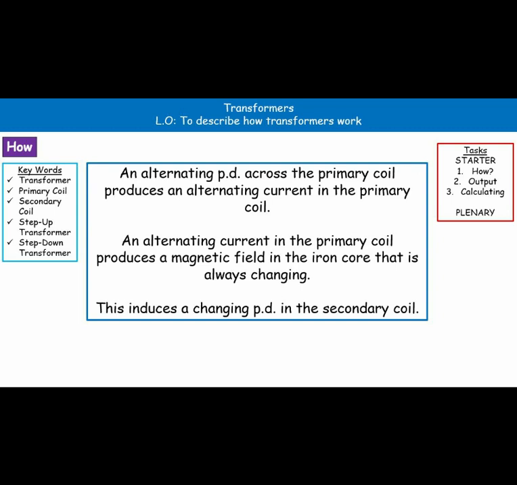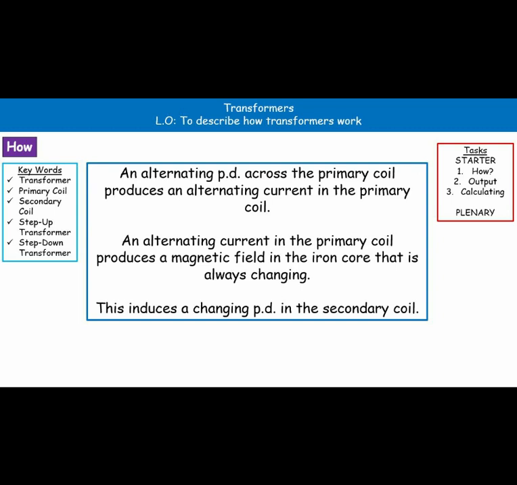Now, what actually happens is that as we put an alternating potential difference across the primary coil, what we're going to produce is an alternating current in the primary coil. So remember, an alternating potential difference will produce an alternating current. So in our primary coil, we will have an alternating potential difference across that, and that's going to produce an alternating current flowing through the primary coil.